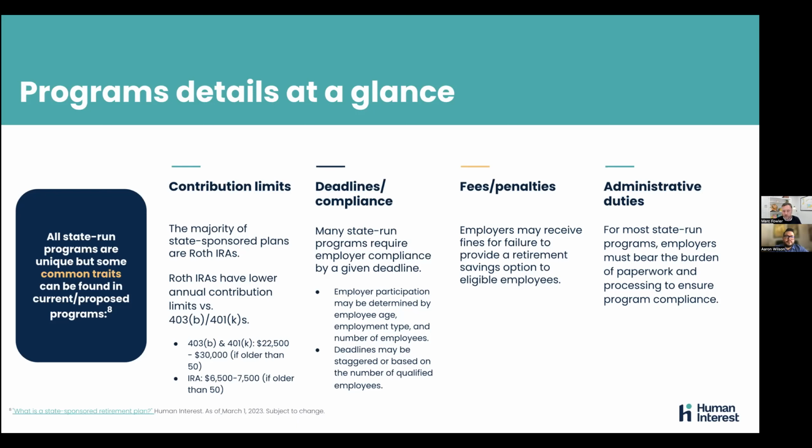Many of those states, particularly the 8 on the right-hand side there, have introduced deadlines and compliance. So they're saying, hey, if you've got this number of employees by this date, you need to have your qualified plan in place. All right. And if you don't, then we'll talk about fees and penalties.